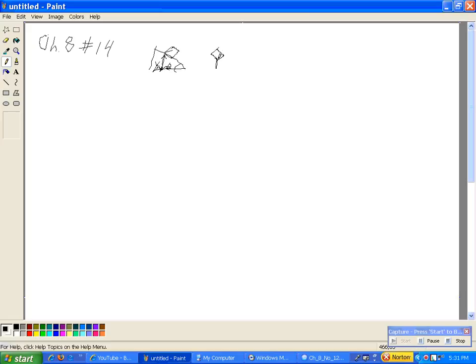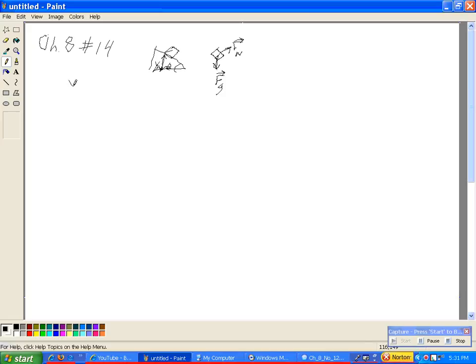So there's the force of gravity. And there's the force perpendicular to the slope. And we have theta.